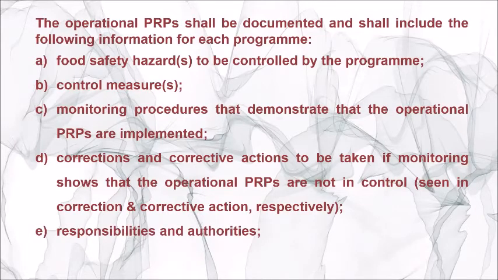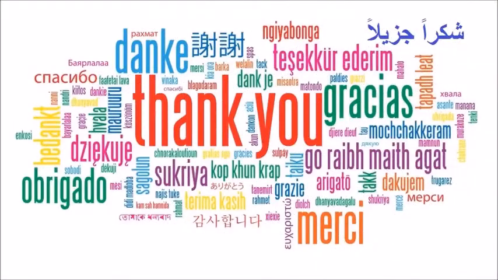What kind of responsibilities and authorities are going to be assigned, so who's going to have what kind of authorities and what responsibilities are going to be held by the team members. And also you need to have the records of all your monitoring, so this will be like evidence for your operations. So with this we come to the end of this particular session.